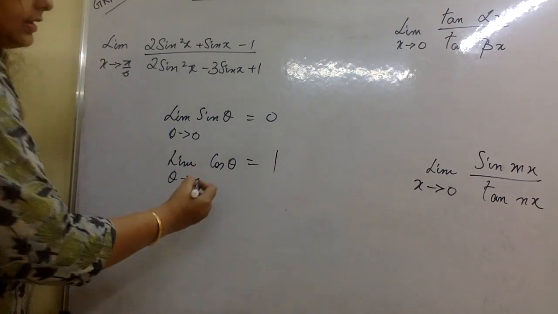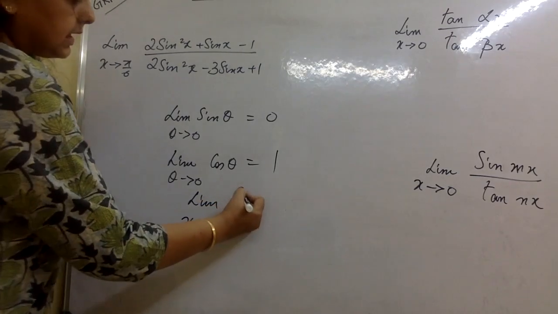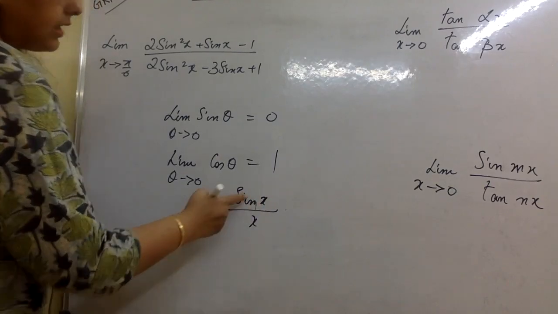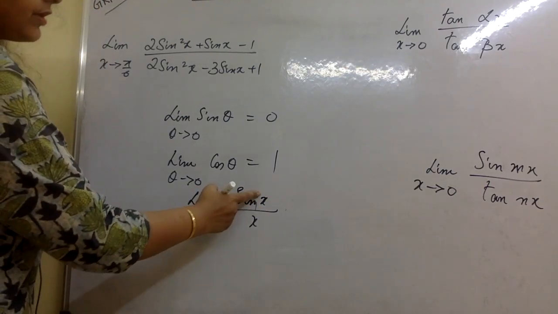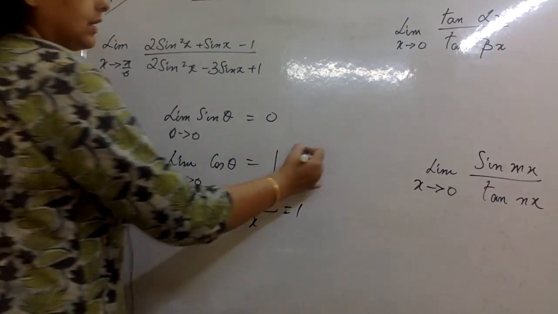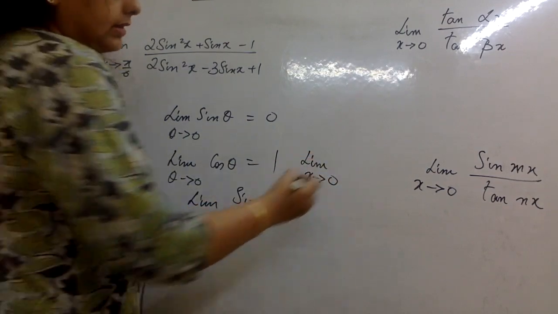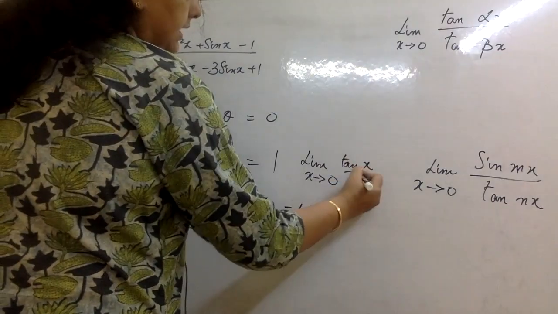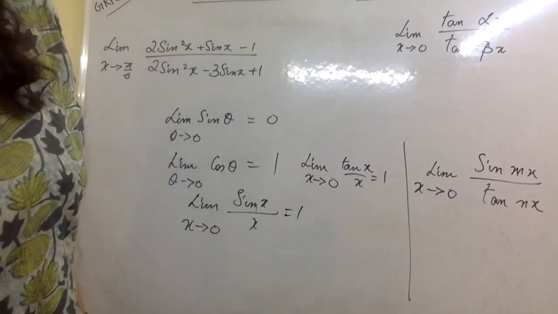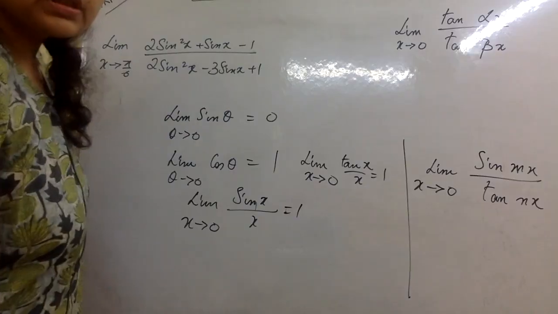And limit as x tends to 0 of sin x by x: if you have an x here, you have to have an x; if you have a 2x here, you have to have a 2x. It is equal to 1. And the last one, limit as x tends to 0 of tan x by x is equal to 1 again. So these are the different formulae that we are going to use here.